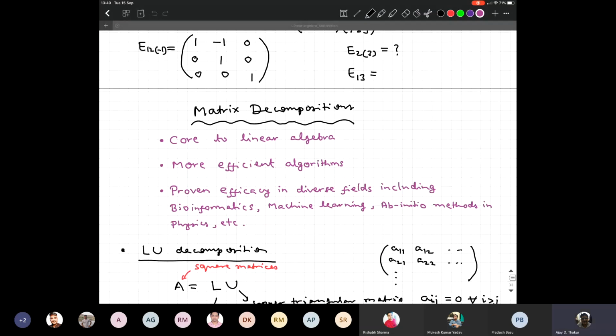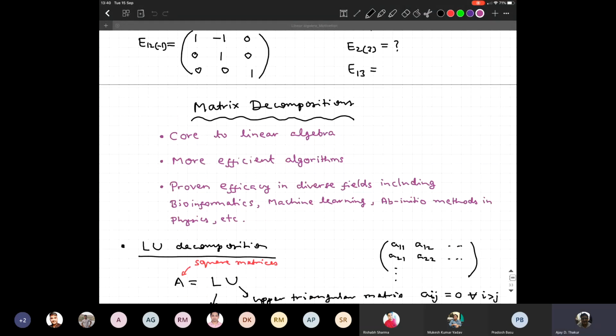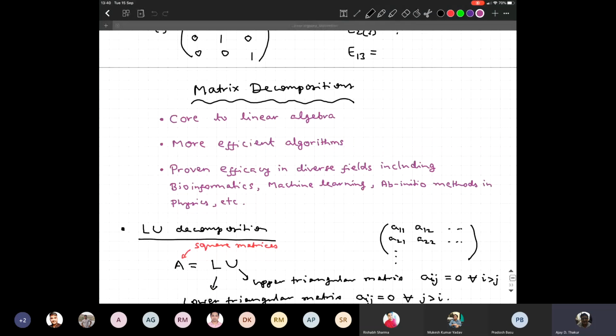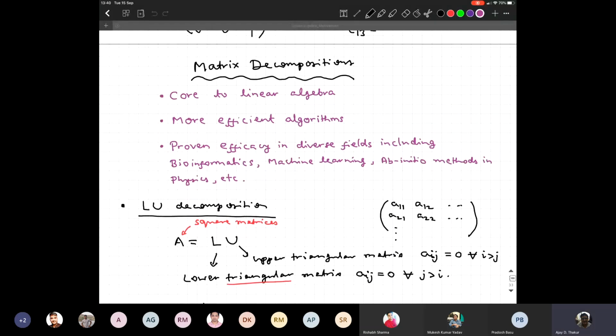These matrix decompositions have proven efficacy in diverse areas, from bioinformatics, where one is trying to handle the human genome, to machine learning problems, ab initio methods in quantum mechanics, and so on. These matrix decompositions are core to many of the calculations which go inside the computer codes for solving such problems.